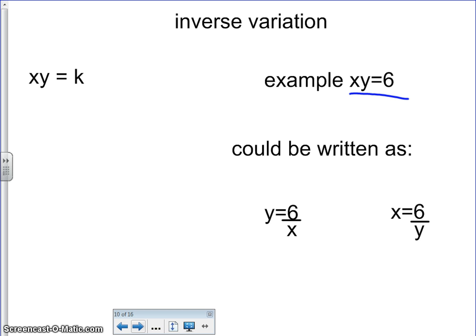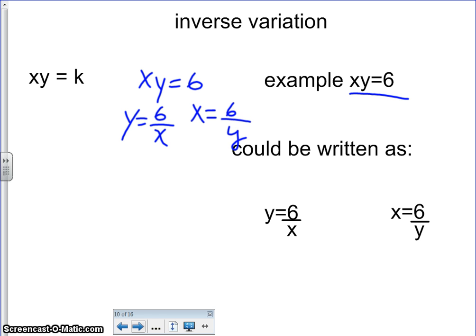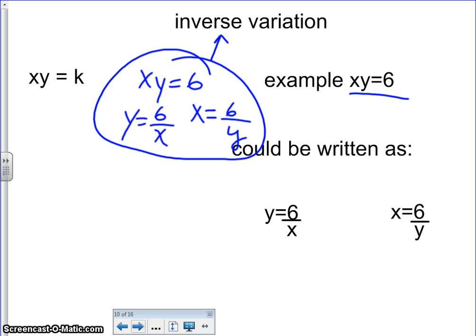We could say xy equals 6 for that one. We could say that y is equal to 6 over x, because all I do is divide both sides by x to get y by itself. And we could say that x is going to be equal to 6 divided by y, because I divide both sides by y. So these three equations are all examples of the same inverse variation.